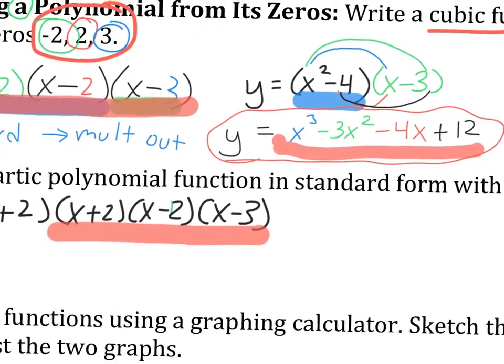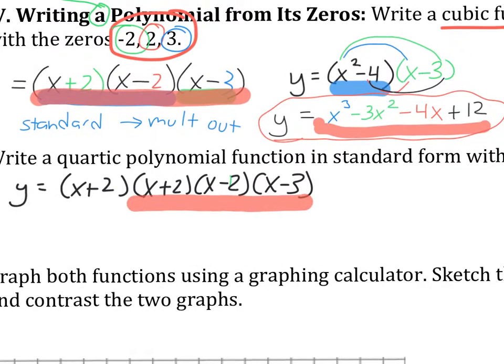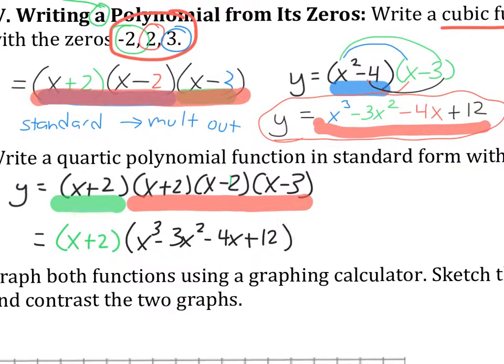I've already done a bunch of the multiplication. So I'm going to bring down this x plus 2, and I'm going to substitute this polynomial that I just found: x cubed minus 3x squared minus 4x plus 12.